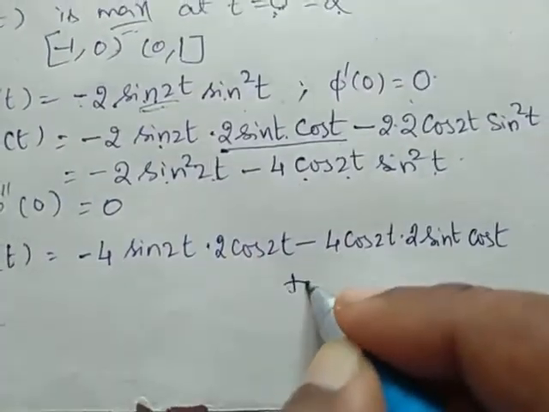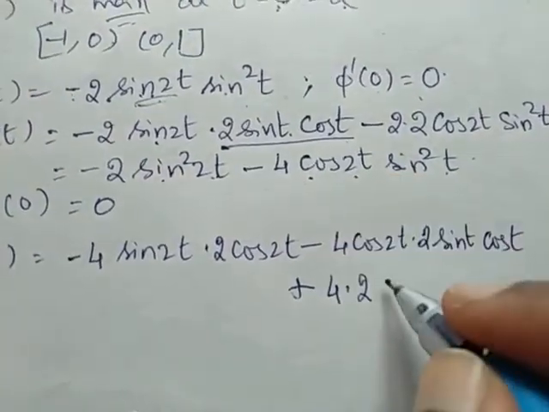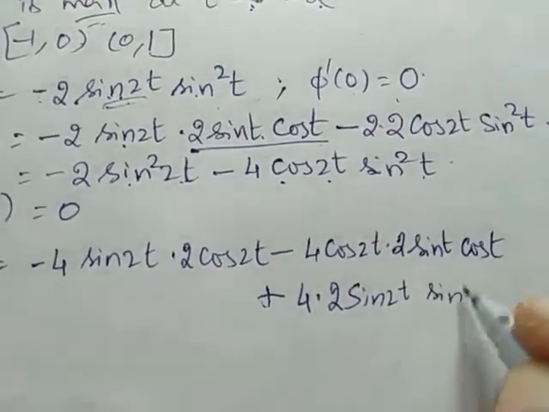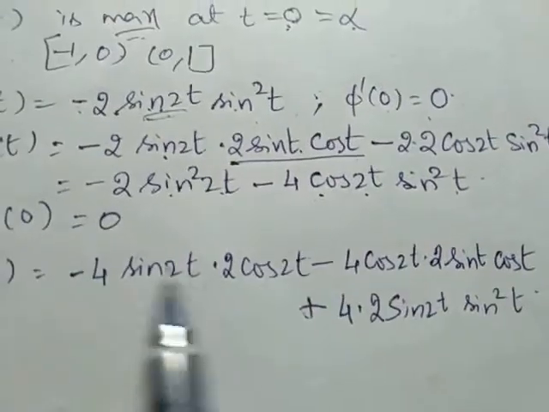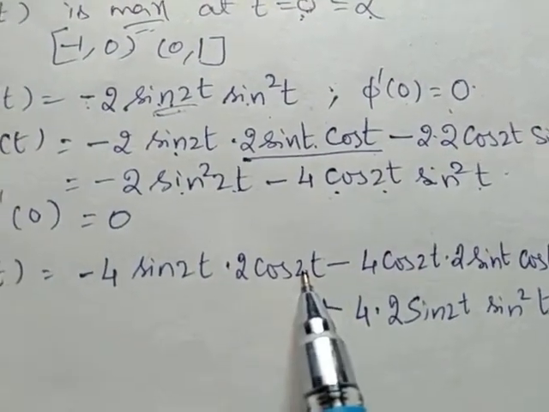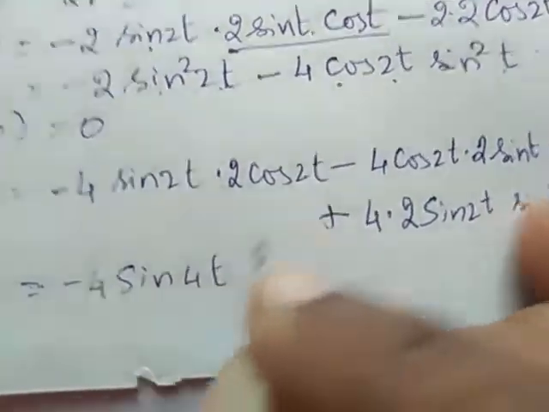Differentiation of cos 2t is minus sin 2t times 2. Therefore this becomes plus 4 into 2 sin 2t into sin square t. Again 2 sin 2t cos 2t becomes sin 4t, so minus 4 sin 4t.